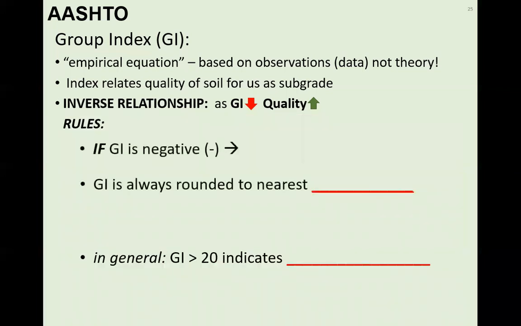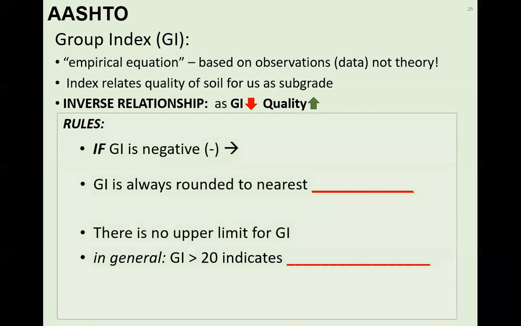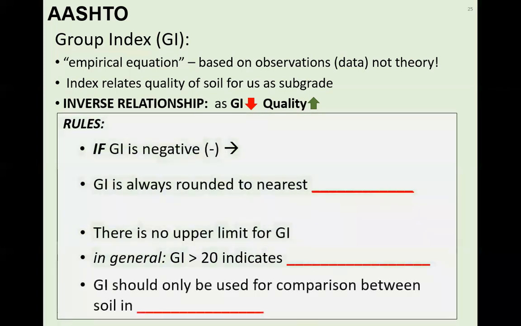So there's a few rules. If GI is negative in the first cases, then GI will always go to 0. So you'll never show a negative GI. Generally, if the GI is negative, then what you're doing is accidentally calculating it for a soil that doesn't need to be calculated, or you are not keeping the variables in percent form.